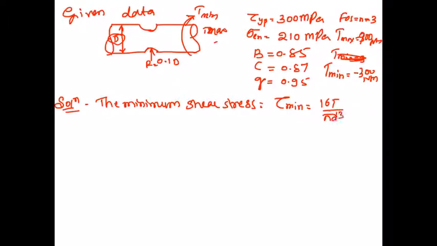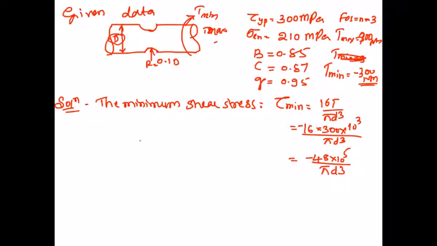This will give the shear stress. Now we substitute 16, and this is a minus because we have a minus here. 16 into 300, meter is there, convert it into mm. So we get approximately minus 48 into 10 to the power of 5 divided by pi d cube.